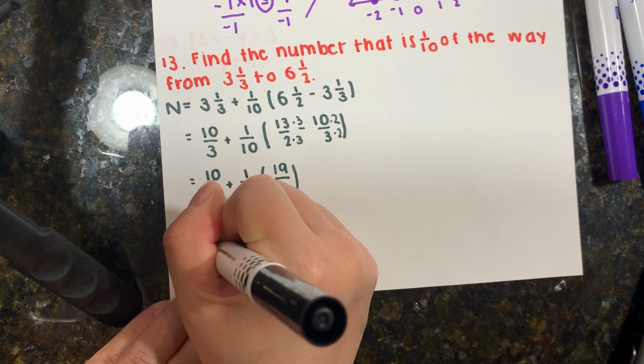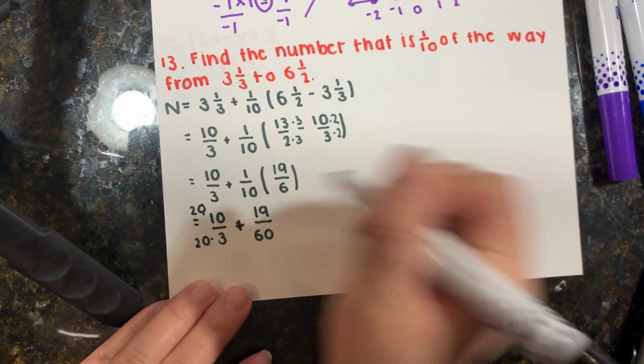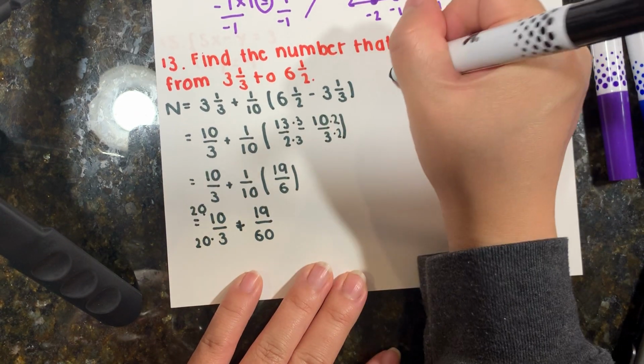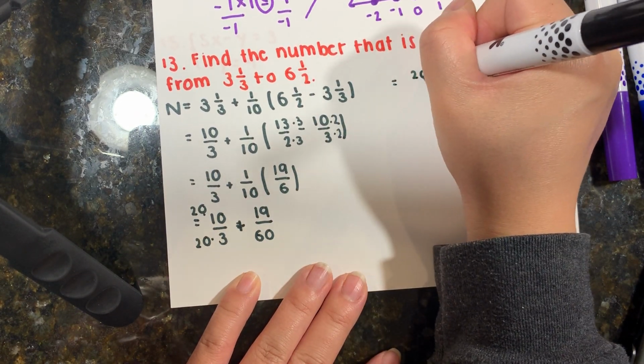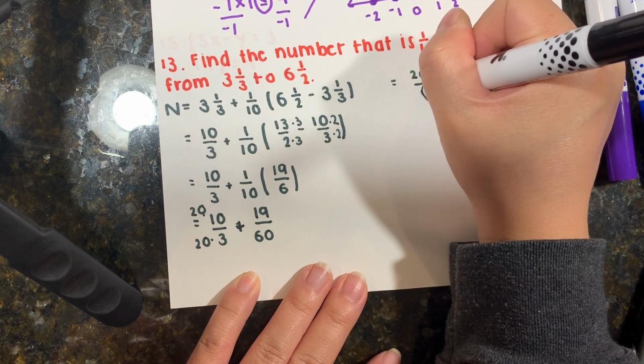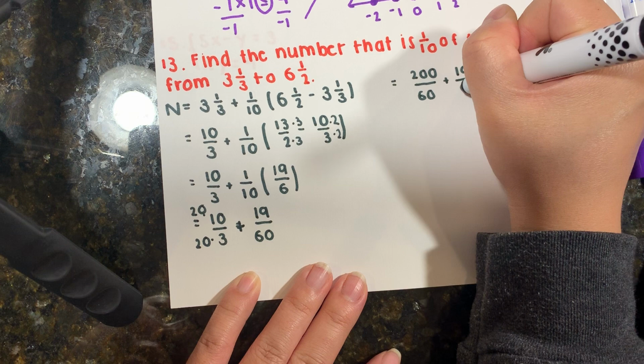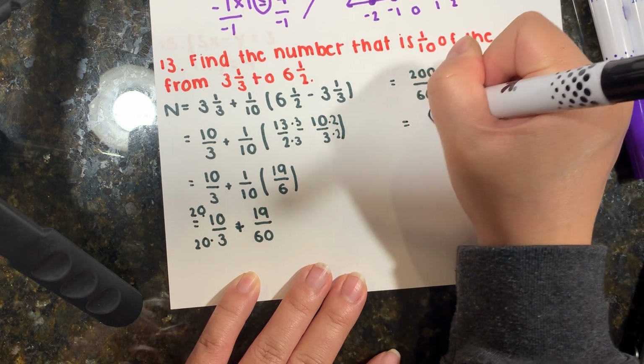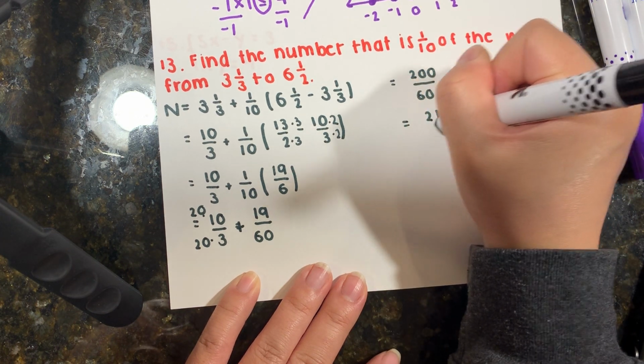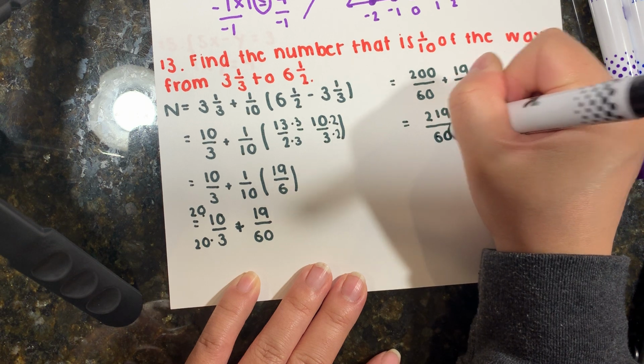So I'm going to multiply this by 20. So that would become 200/60 plus 19/60. So 219/60.